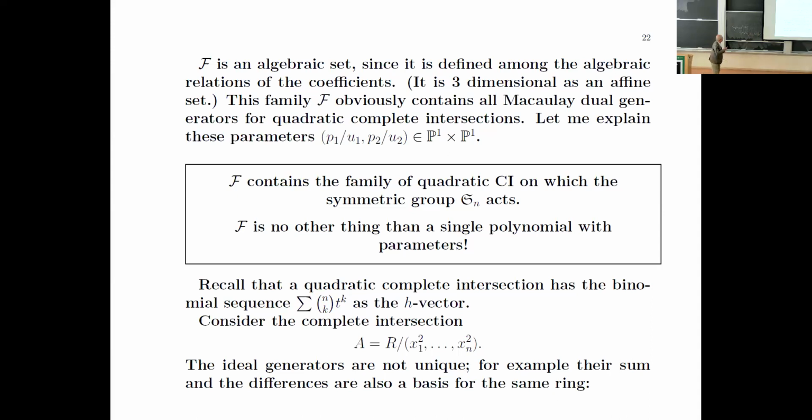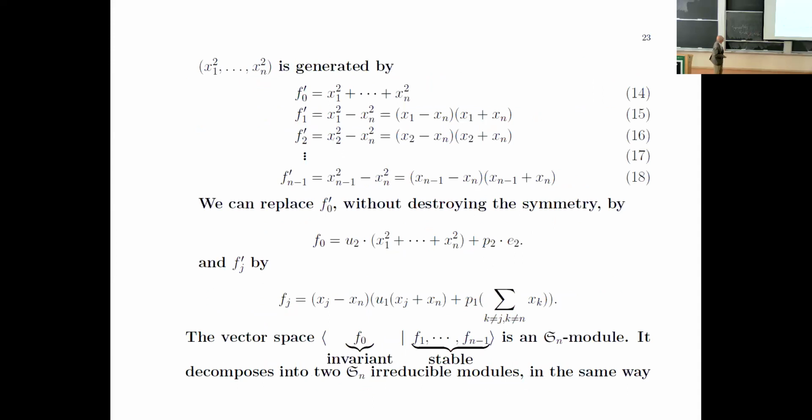So let me write their sums and differences. F0 prime is the sum of these monomials, and these are the differences. And the differences decompose into linear factors. Without destroying the symmetry, I can replace F0 prime by this new symmetric one.